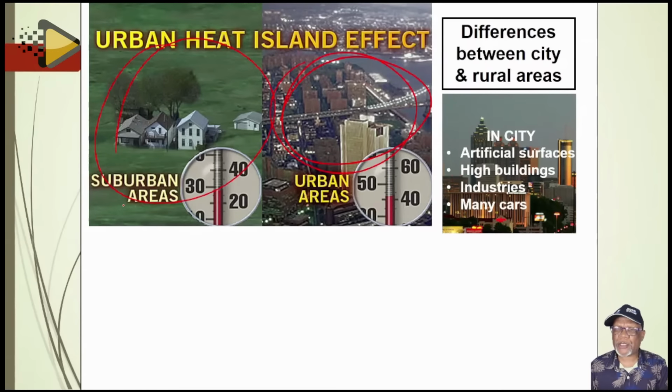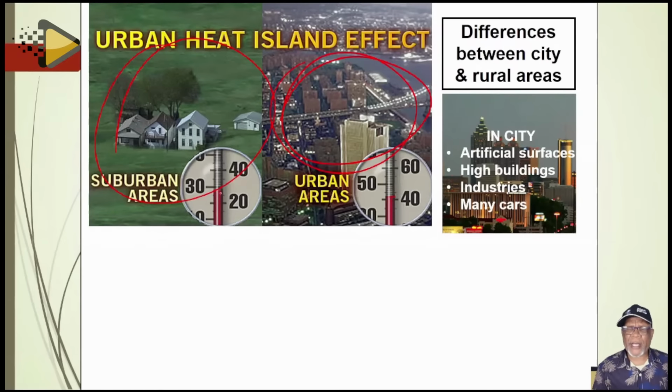Now the question is, why is the urban area warmer? You can see the temperatures here are going around 60 degrees, and here the max is about 42, but here it is about 28 or plus.